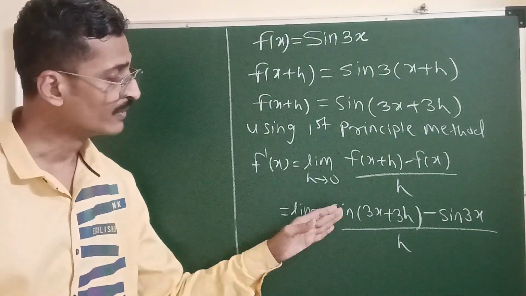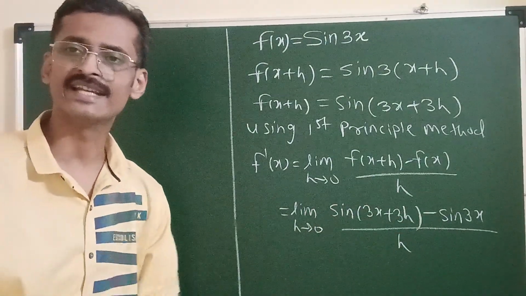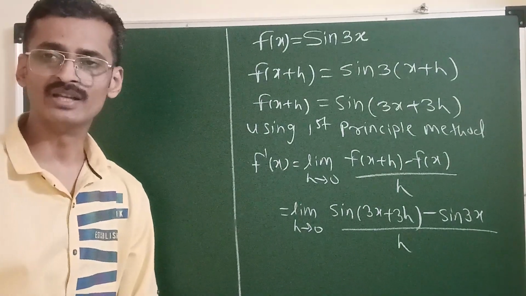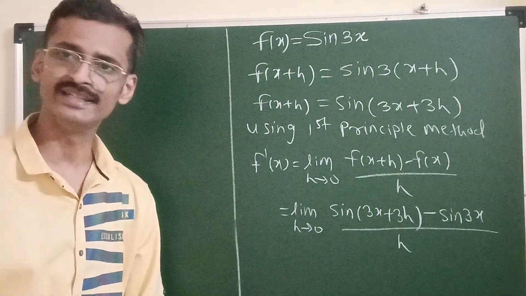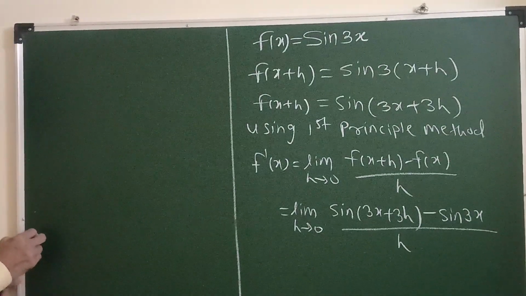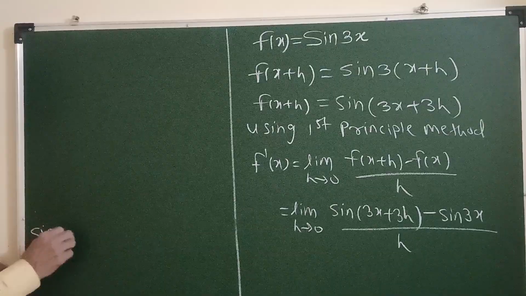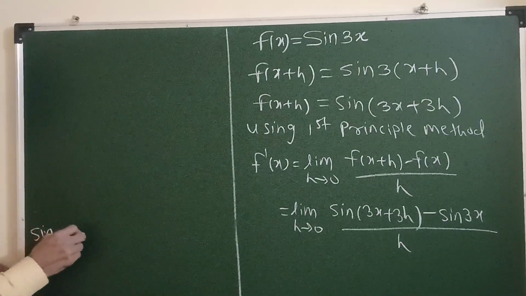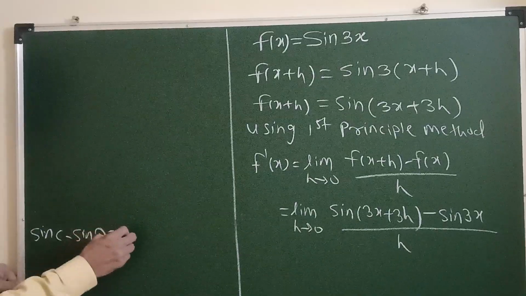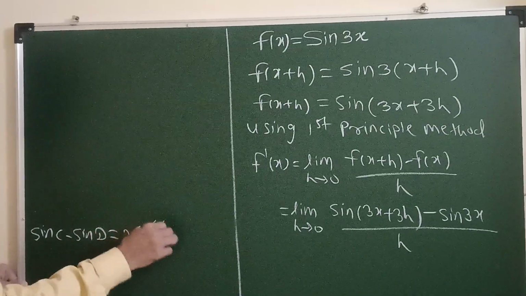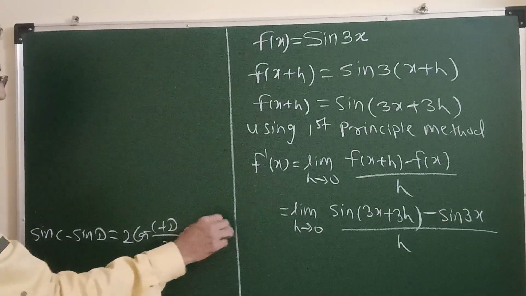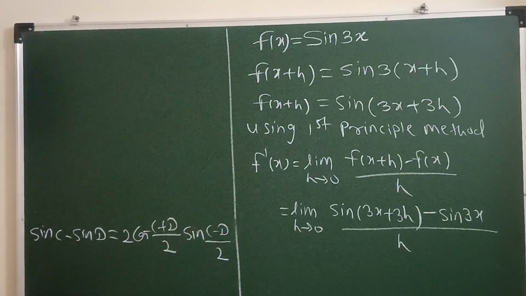Now here sine minus sine is given, so we know how to solve this. Use the formula for sin c minus sin d. What is the formula for sin c minus sin d? Sin c minus sin d is 2 cos of (c plus d) upon 2 into sin of (c minus d) upon 2.